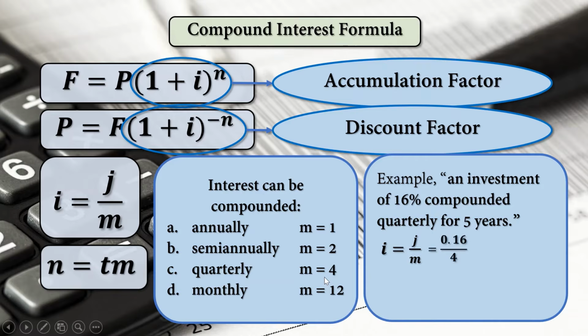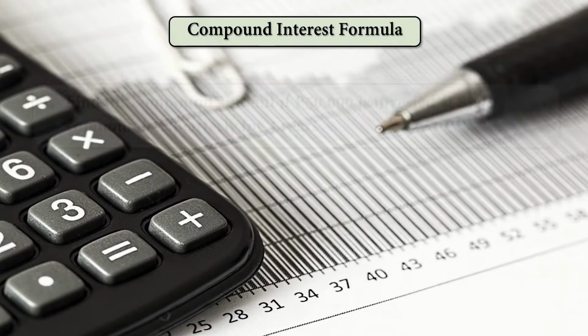Okay, so that is 0.16 divided by 4 or is equal to 0.04. Okay, for n is equal to t times m. t is our number of years. Okay, so sa statement ko, there are 5 years. So our t is 5 times 4, which is our m, that is equal to 20.